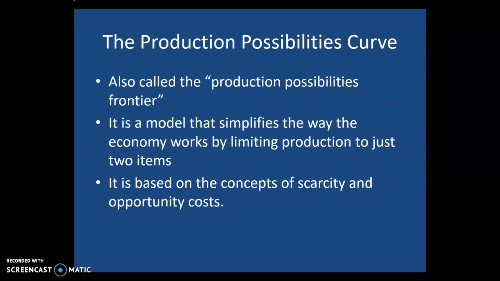Or conversely, if we make more butter, we're going to have an opportunity cost of making fewer guns. So, scarcity: we can't have everything we want. Everything involves alternatives. In this case, we have an alternative between guns and butter, or between consumer goods and capital goods. The opportunity cost is what you give up in order to devote your resources to that other item.